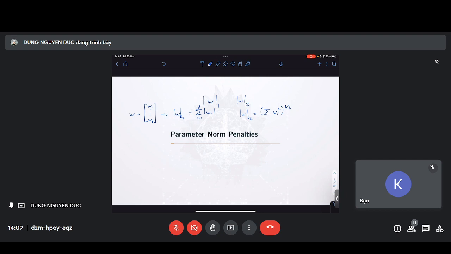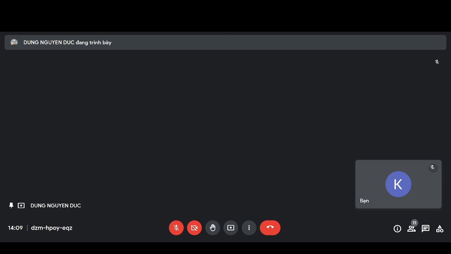So what happens here is we want to control the magnitude of the weight by putting some constraint on it, and that constraint very often will be represented by a function on the weight, and we call this technique norm penalties.